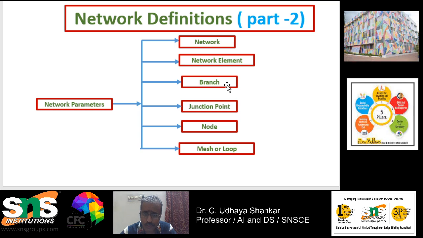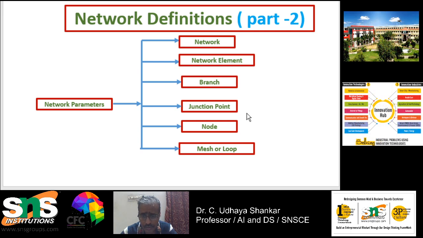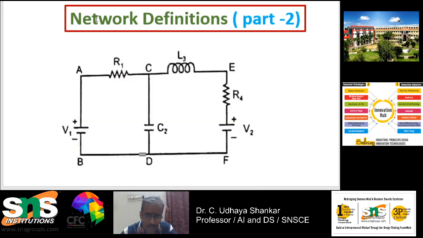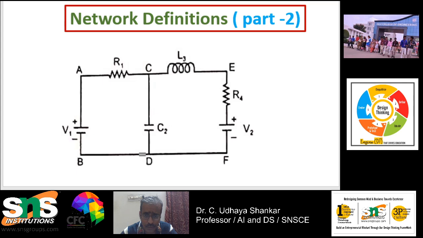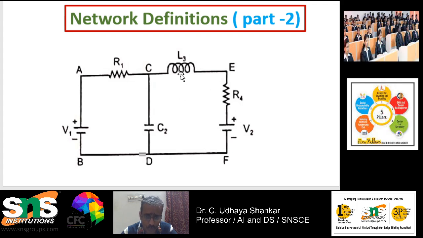Now we are moving to part 2 of this video, in which I will describe the definitions related to junction point, node, and then mesh or loop. Here I have considered the same network which I took in the previous video. This network has two voltage sources V1 and V2, two resistances R1 and R4, and one inductor and one capacitor, that is inductor L3 and capacitor C2.